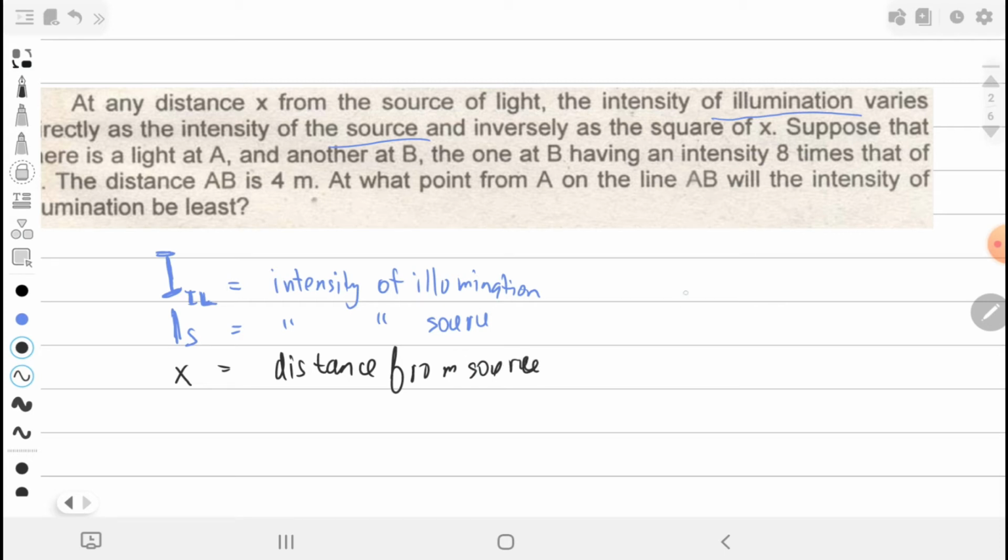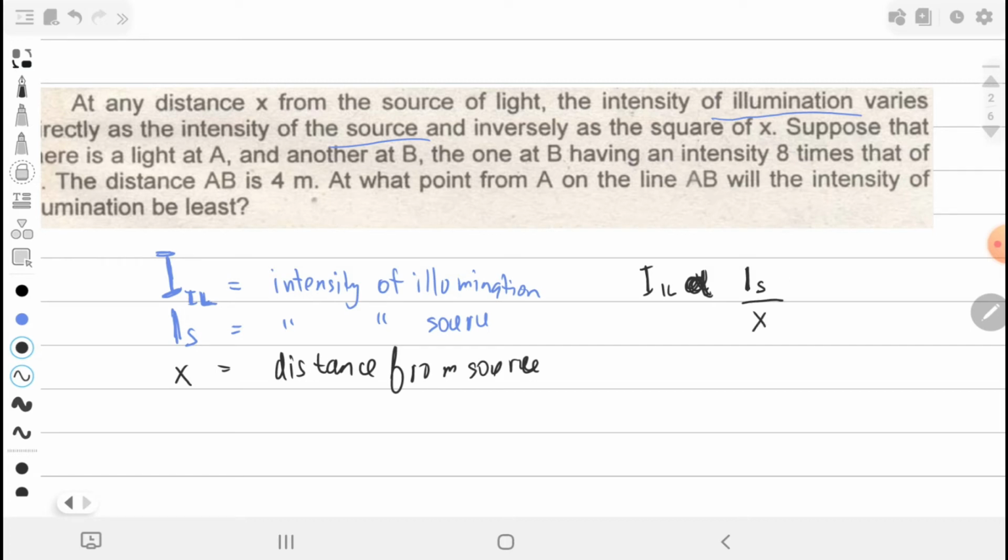So, what the problem says is, we have IL varies, of course, no proportionality constant yet, so we have not taken the equal sign yet. So, according to the proportionality constant, IL varies directly to the intensity of source, IS, and inversely as the square of x.